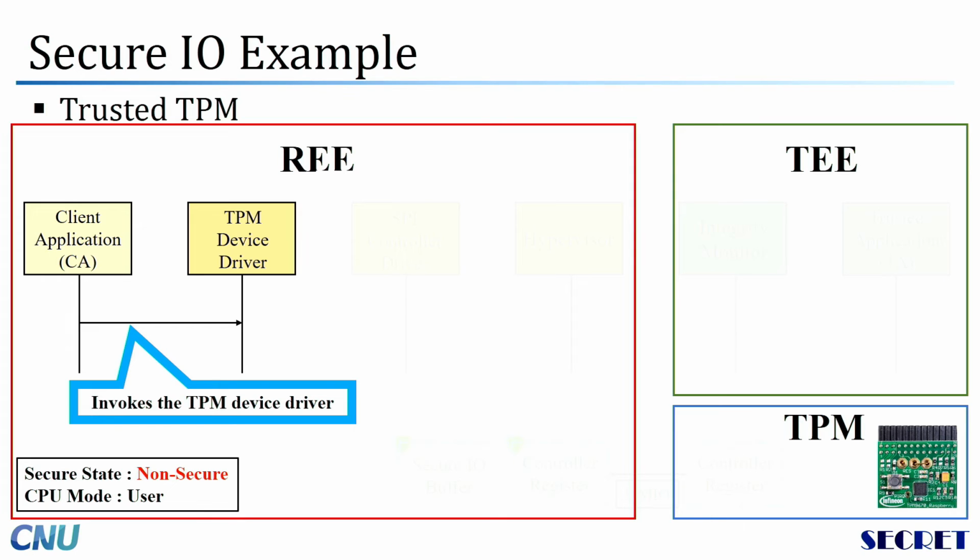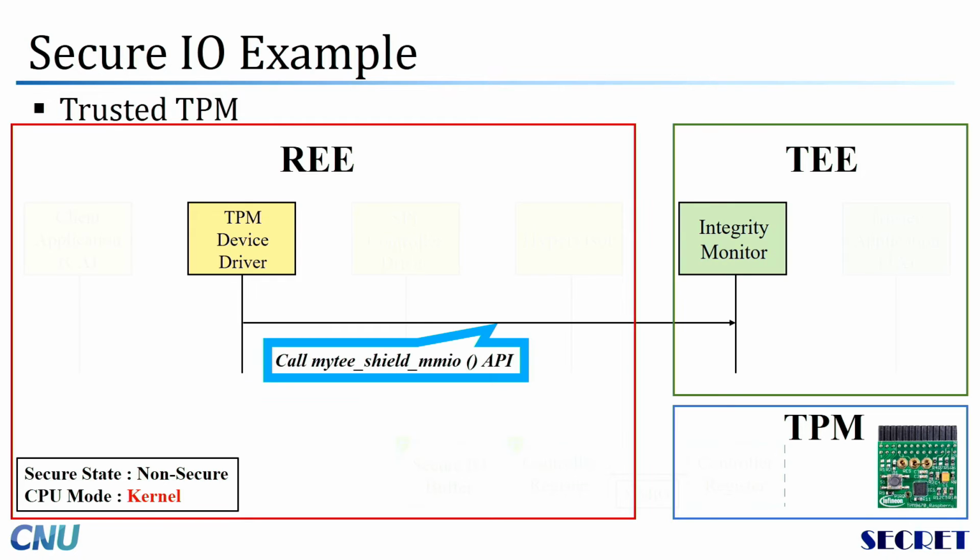The CA invokes the TPM device driver to start the transaction. The MyTEE Shield MMR API is invoked to protect the TPM MMR region. Because it requires updating the stage 2 page table, the request is sent to the active integrity monitor.